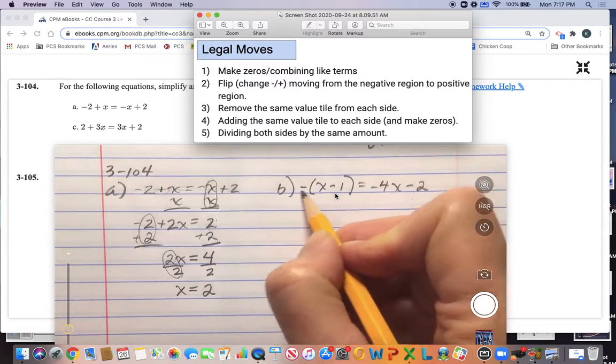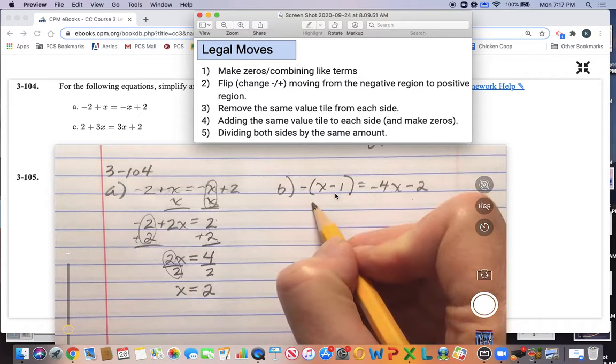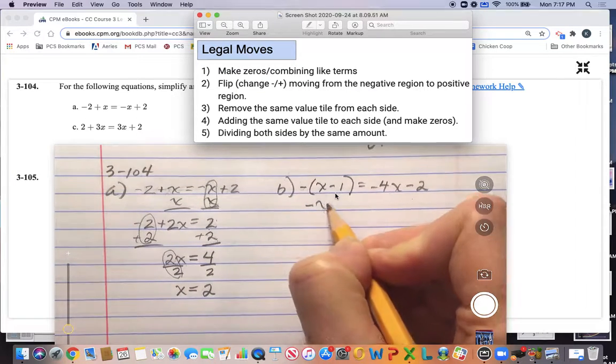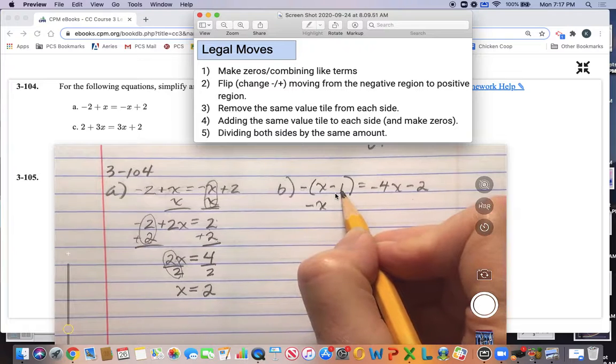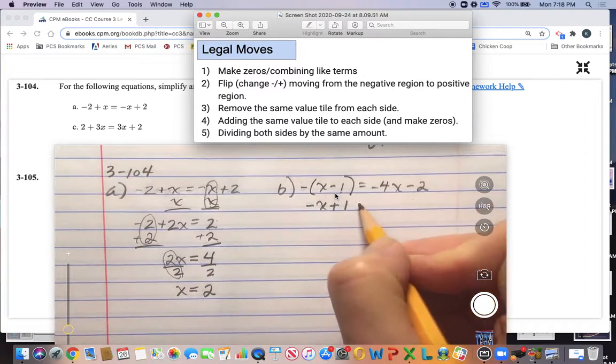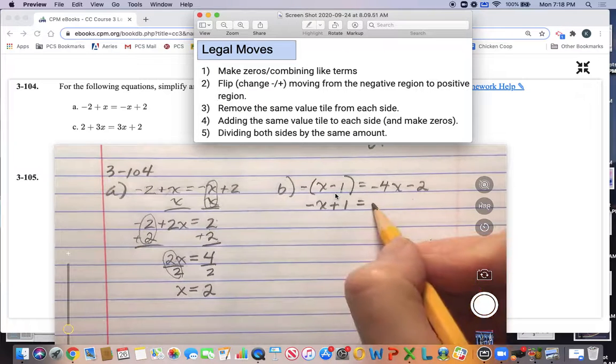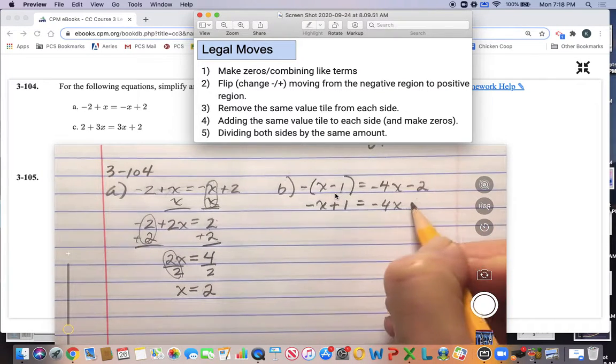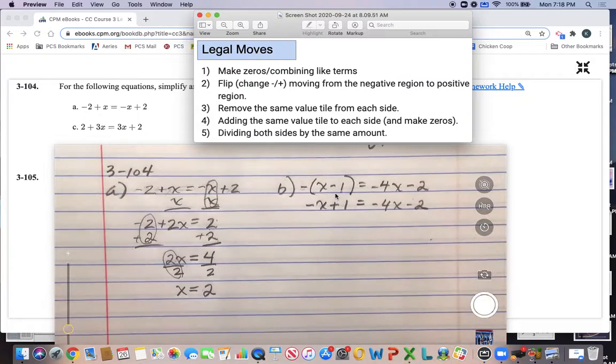So that's a positive x, and this changes it to the opposite, which is a negative x. And this is a -1, so this will change that to a +1. And then we'll put our equal signs, and we'll just rewrite the right-hand side of the equation.